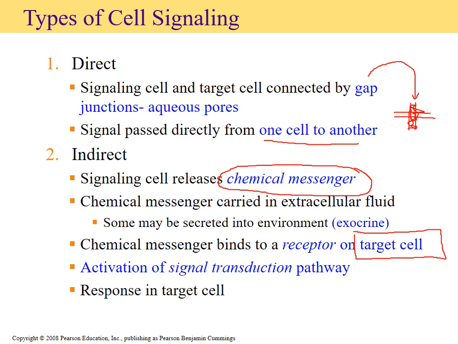Either way, it's important to note that when you do indirect cell communication, your messenger has to connect with the target cell before you can get your response.